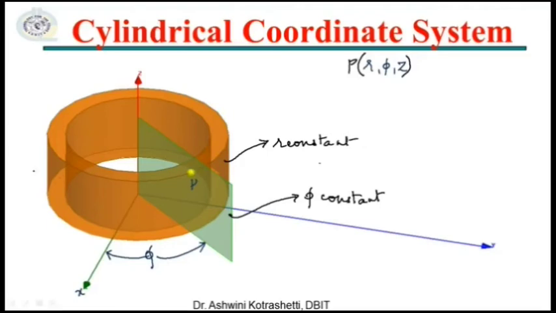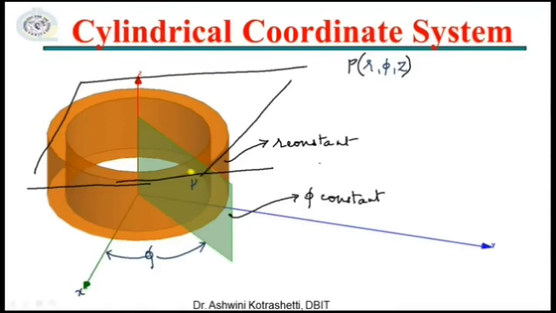Now, there will be a plane which is at this height of z. There will be a plane which you will have to visualize, placed as if you are covering the face of the cylinder. You will place a flat plane over this. And that becomes your z constant plane.